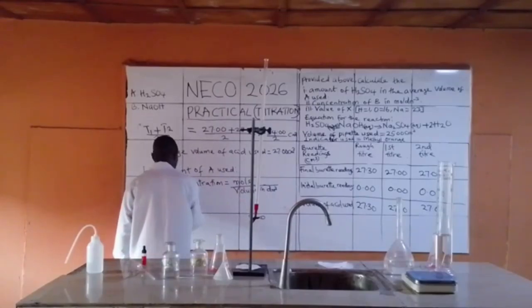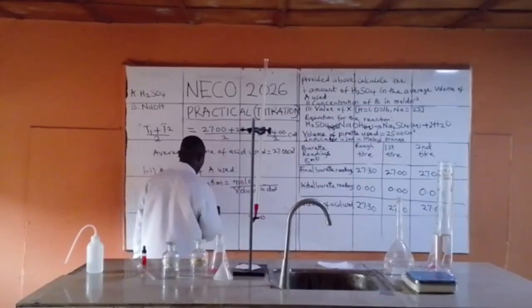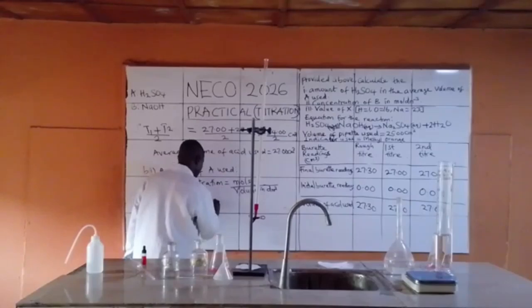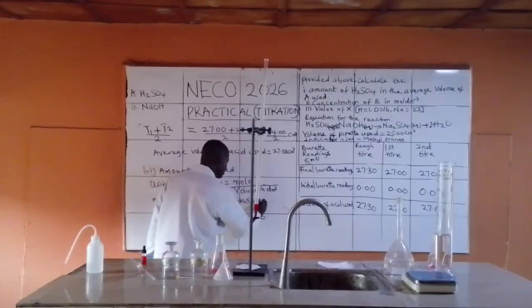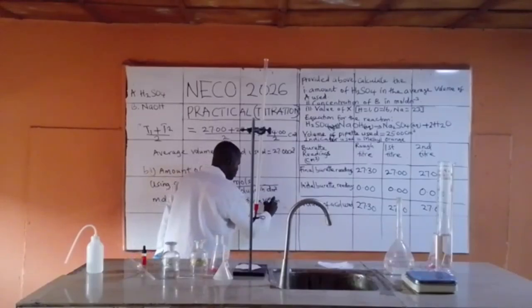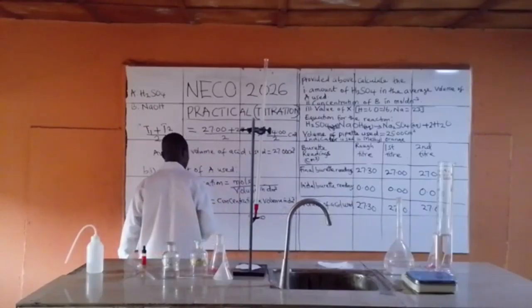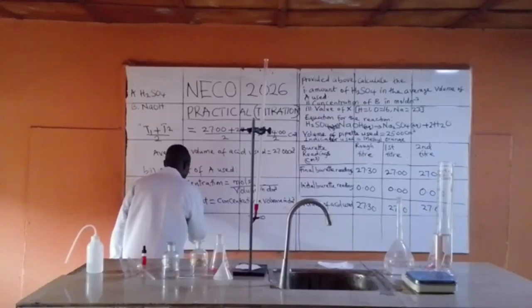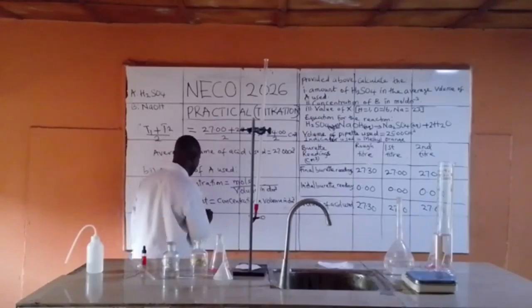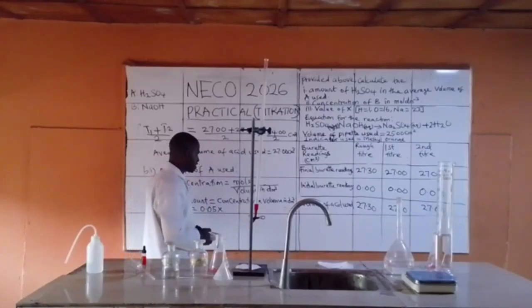Now, by making mole or amount the subject of the formula, we now have concentration times volume in dm cube. Which is equals to concentration given, which is 0.05 mole per dm cube, then multiply by volume in dm cube.